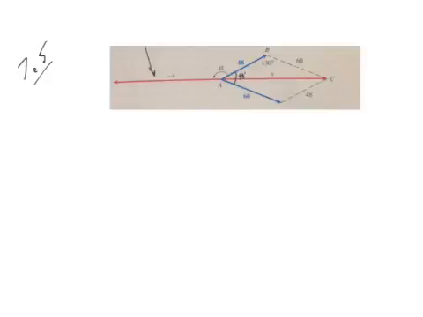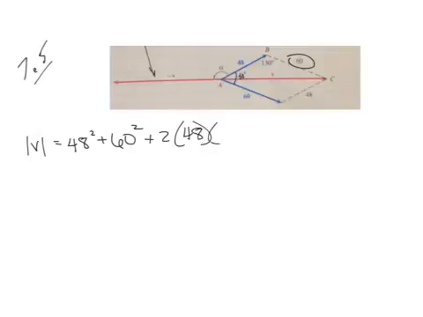So the absolute value of v is going to equal the square root of 48 squared plus 60 squared, because that's this right here, and then we're going to add 2 times 48 times 60, and then take the cosine of 130.